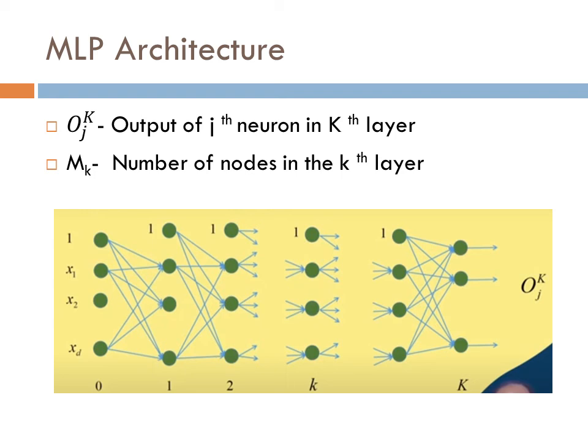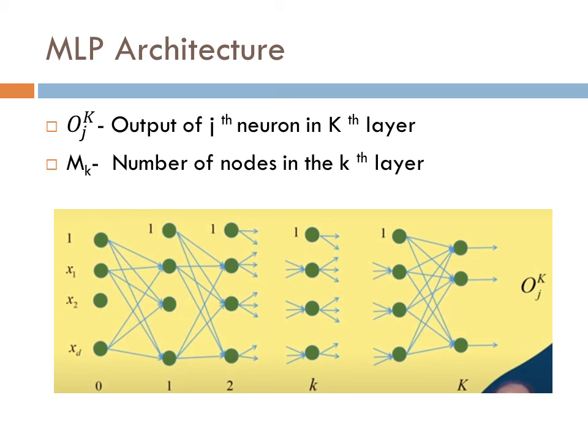So the output of a node in the output layer can be represented as capital O_j^K. That is the output of the jth neuron in the capital Kth layer, which is the output of the jth neuron in the output layer.